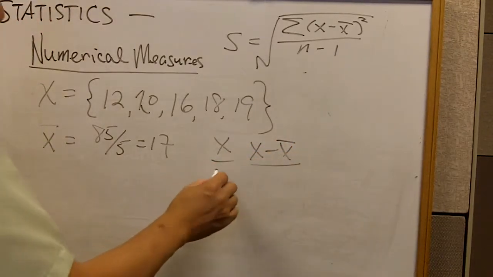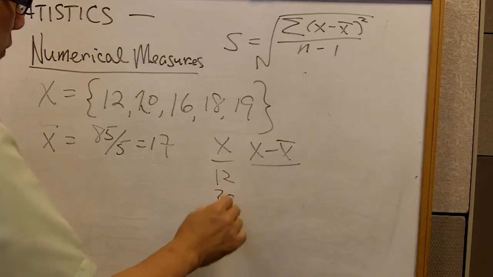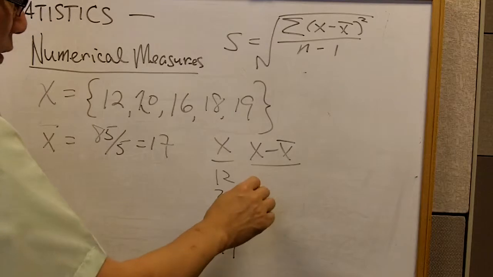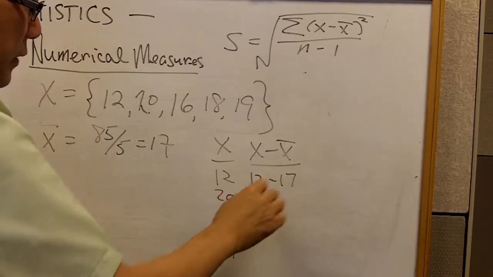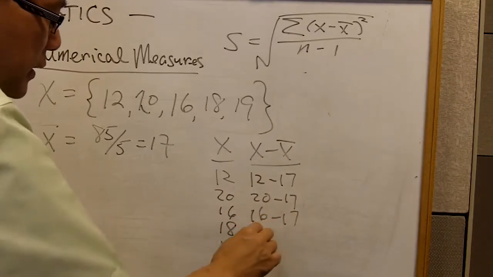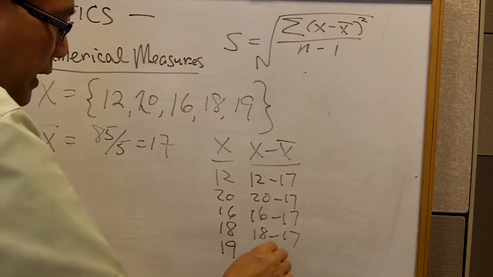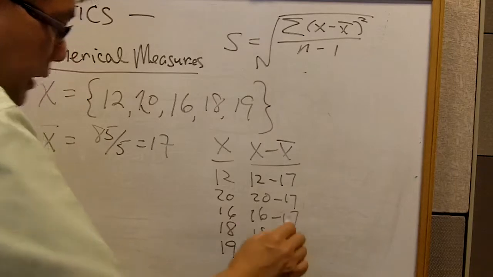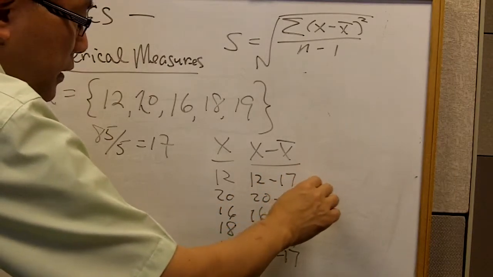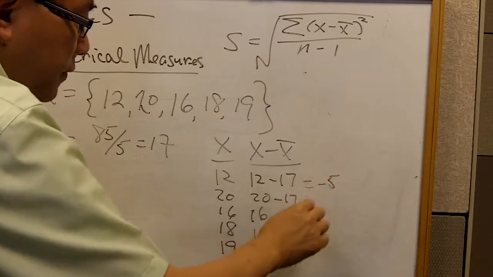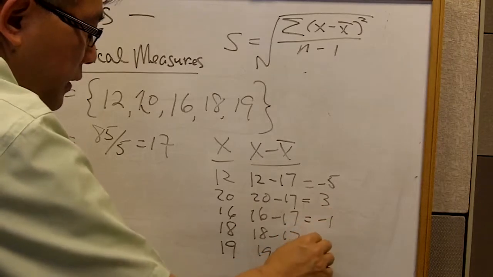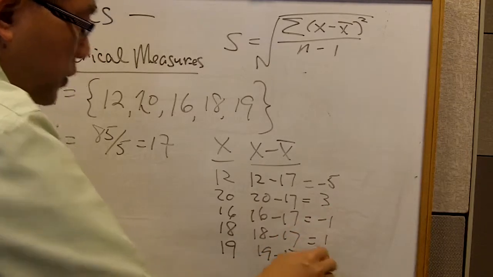So 12, 20, 16, 18, and 19. So 12 minus 17, 20 minus 17, 16 minus 17, 18 minus 17, and 19 minus 17. That gives us minus 5, 3, minus 1, 1, and 2.